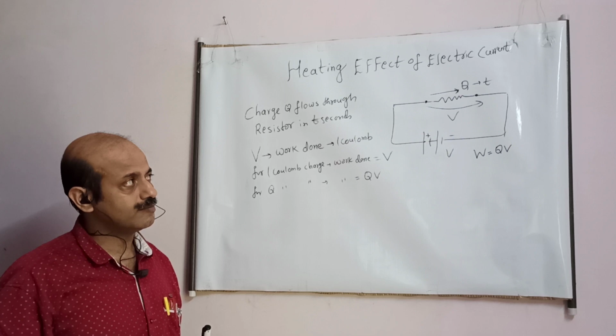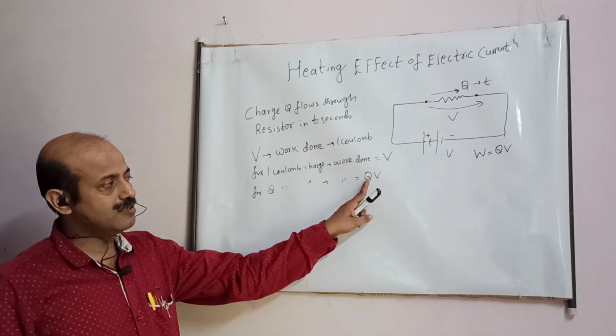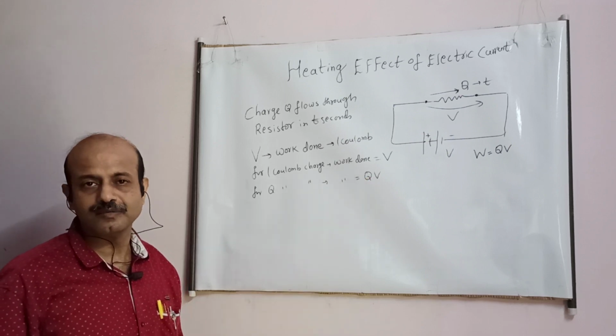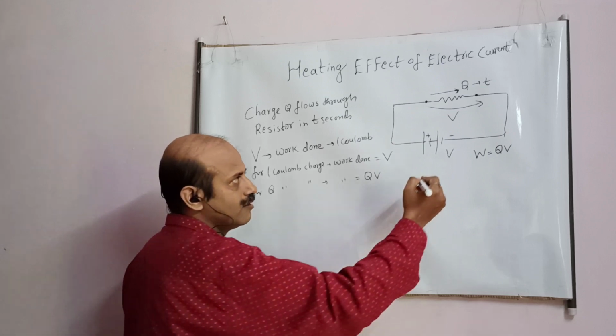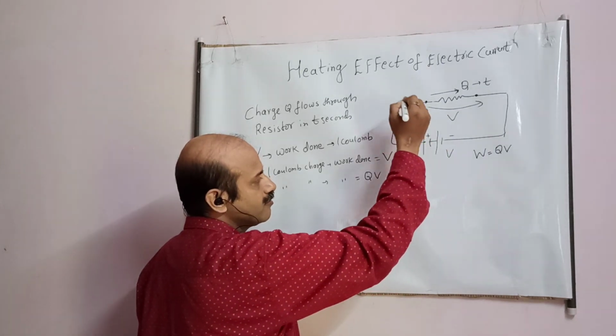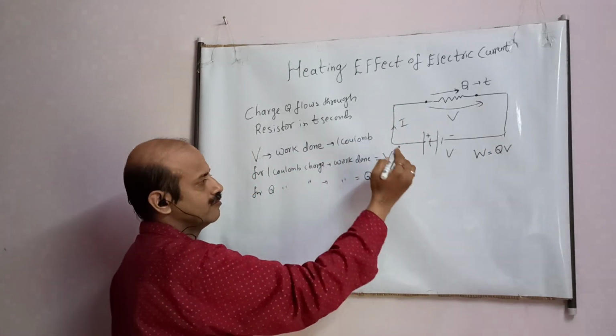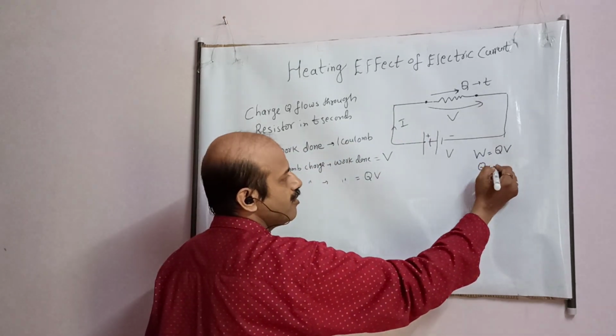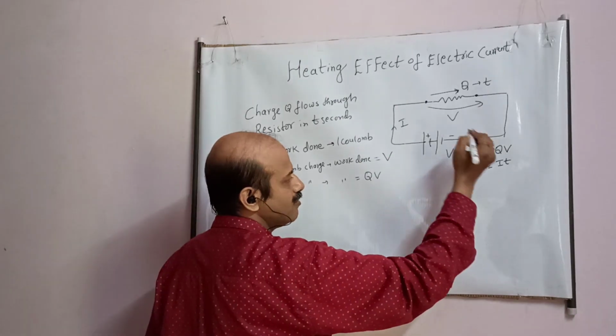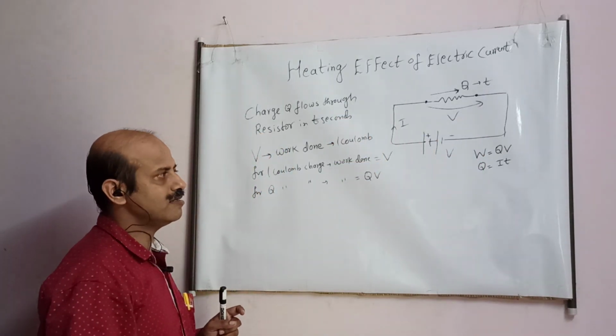Now, student, this charge is equivalent to the current. Say current, now I am writing I. Now the relation. This charge flows for t seconds. We already know, student, Q is given by I t. I is the current.